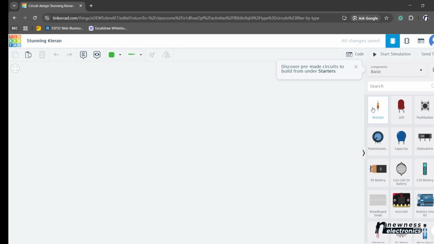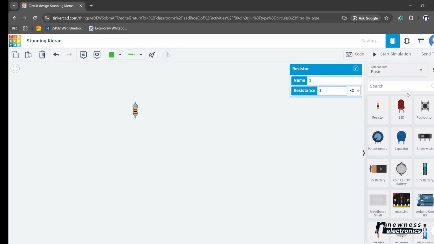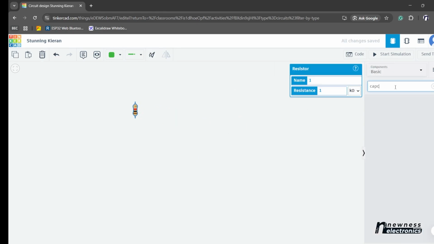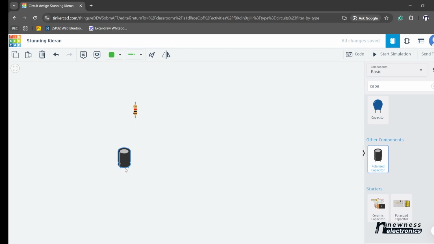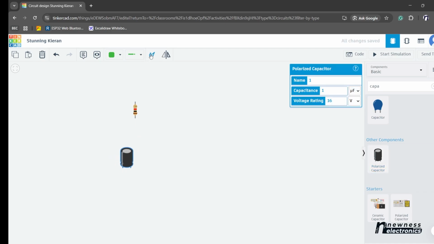So, let's begin by adding our resistor and adding our capacitor. Don't forget, this sign means this is the minus negative side of this capacitor, and I'm now going to add a resistor, another resistor.